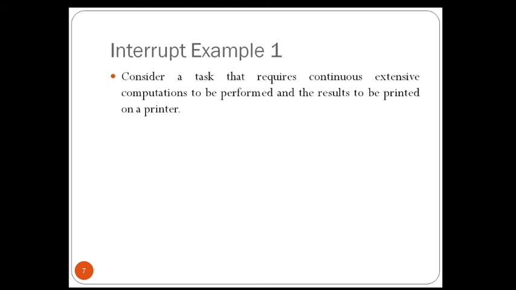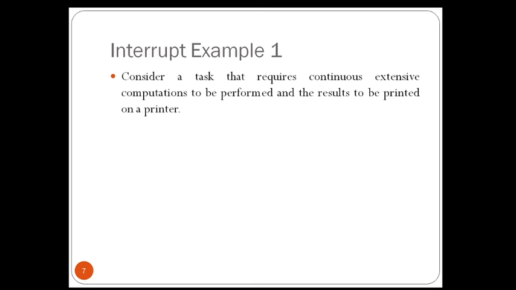Let us take up one example. Consider a task that requires some computations to be performed and the results to be printed on a line printer. So the output device here is the printer. This is followed by more computations and output, and so on. Let the program consist of two routines: one is compute and the other is print.